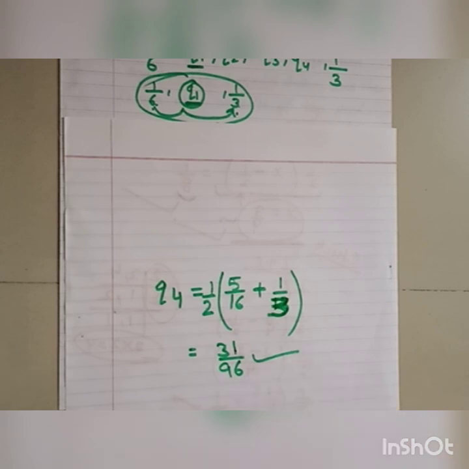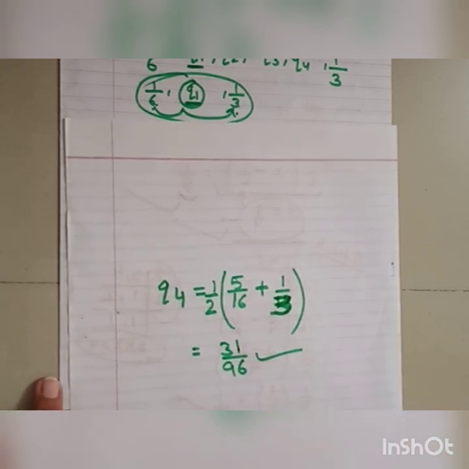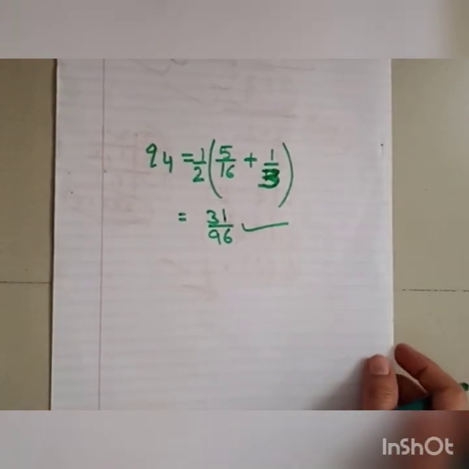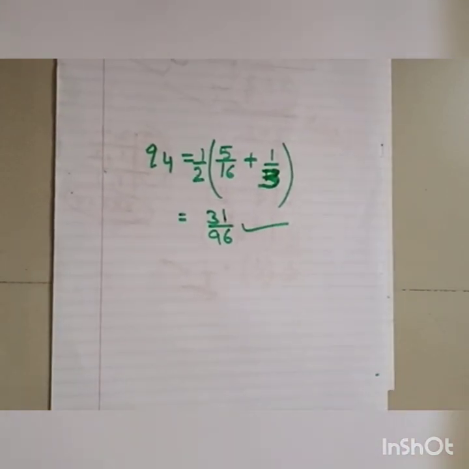This way we can find rational numbers between any two distinct rational numbers. Now the next method you have already done in your previous class also. For finding equivalent rational numbers, you have to make a common denominator depending on how many rational numbers you have to find.